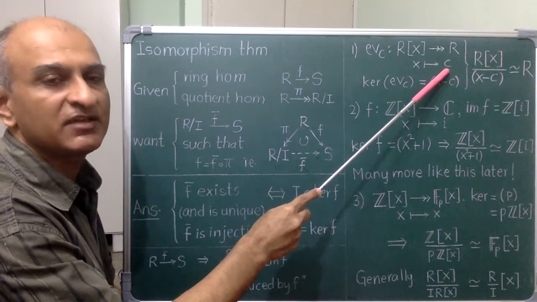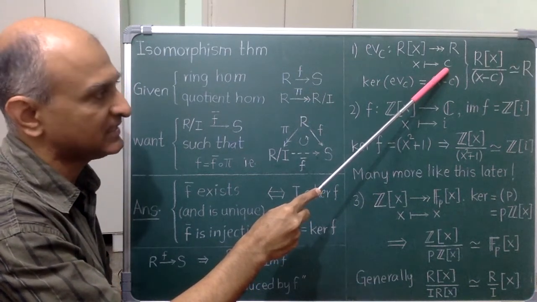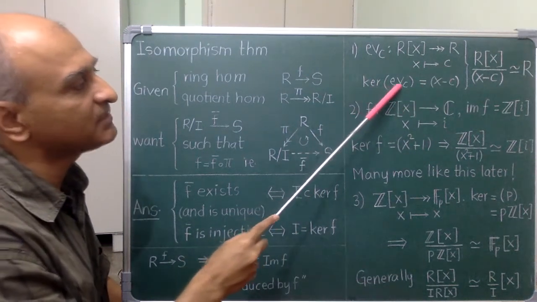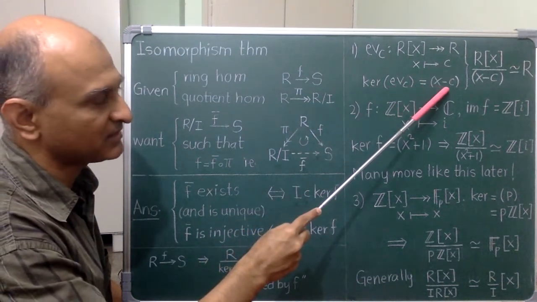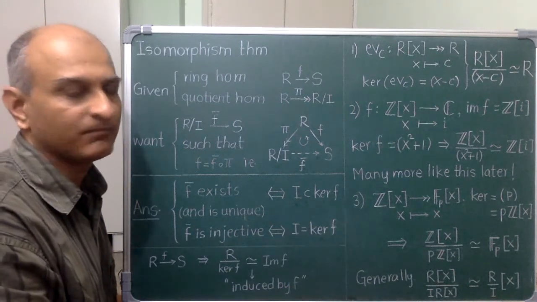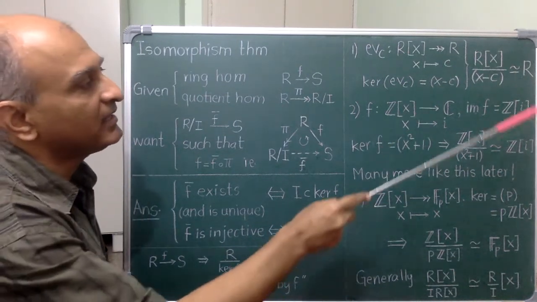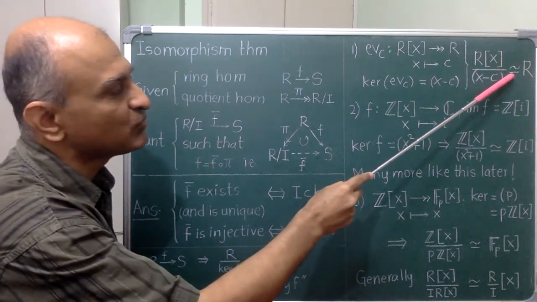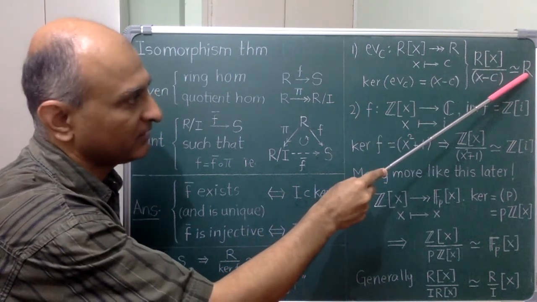So this is just evaluating a polynomial at C. The map is surjective and its kernel is the principal ideal generated by x minus C by long division. Therefore, I get the source ring modulo the kernel is isomorphic to all of the target ring.